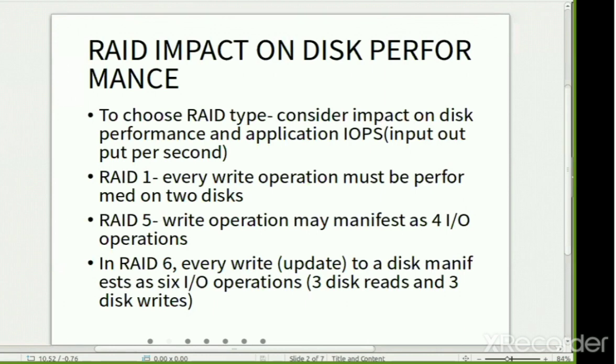So this is the first disk, then the second disk, the third disk, and the fourth disk, which are again divided in terms of stripes, so please don't forget that.